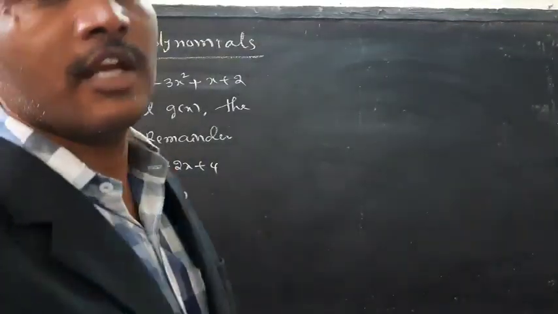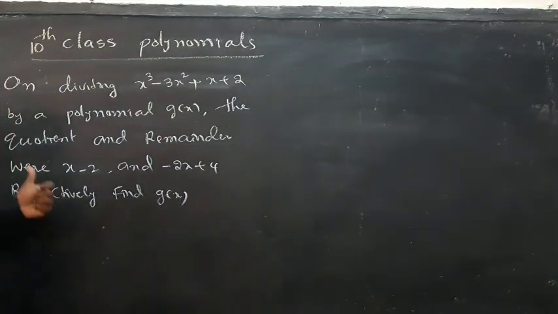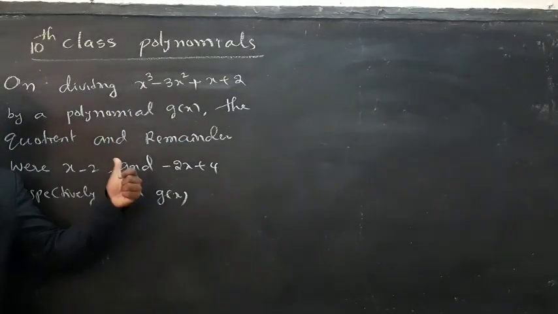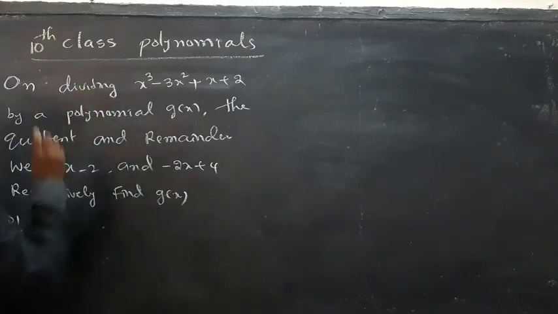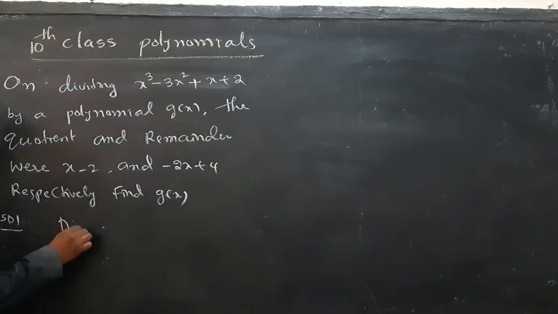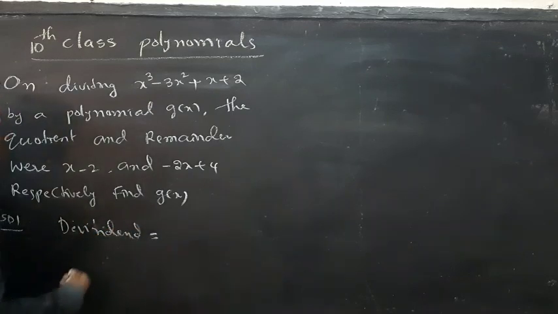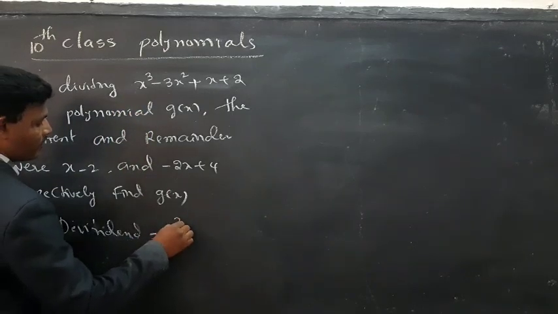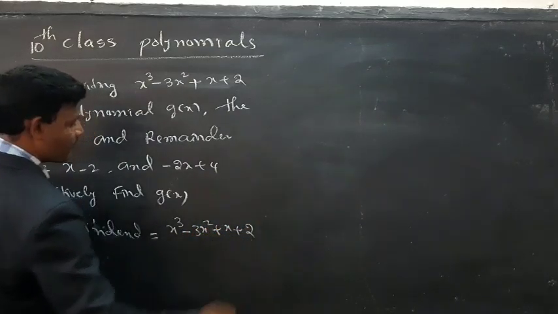So 10th class students, here is one of the important questions from 10th class. It is a concept of division algorithm. According to the question, solution: on dividing, it means dividend is equal to x cube minus 3x square plus x plus 2.